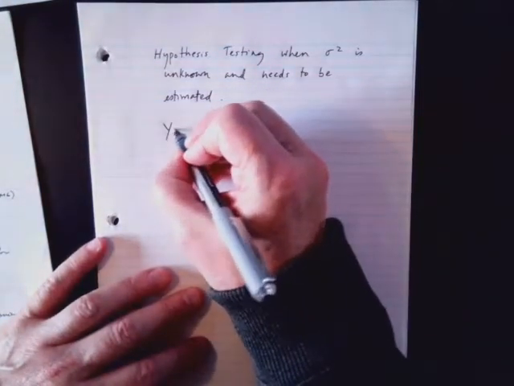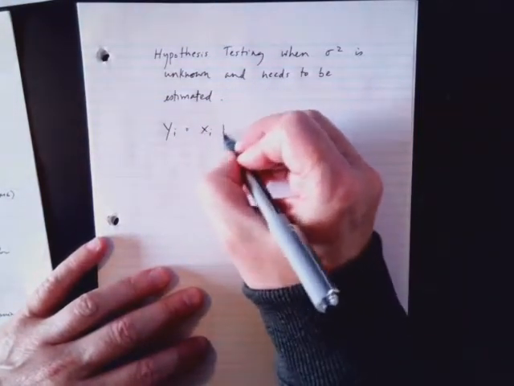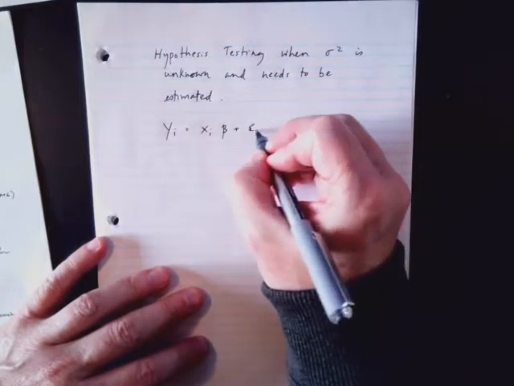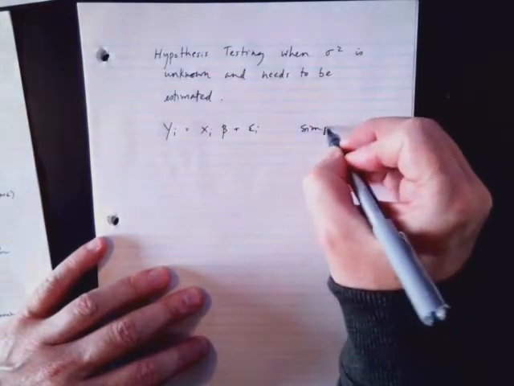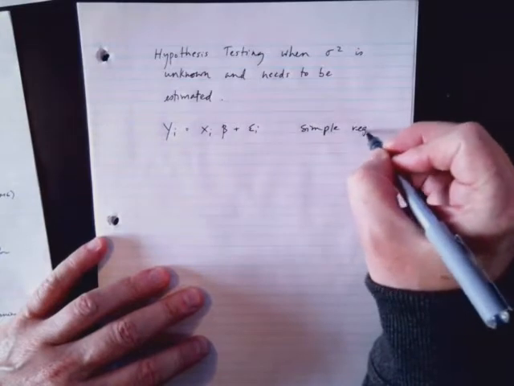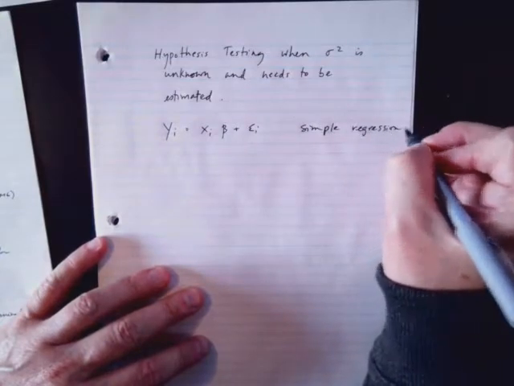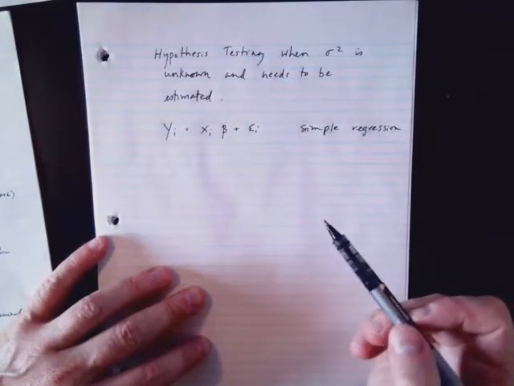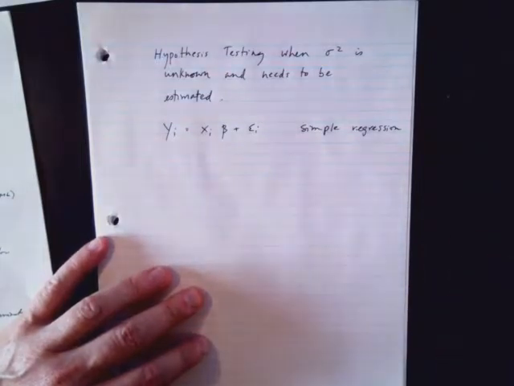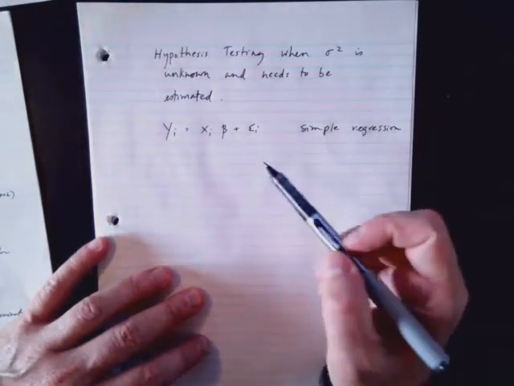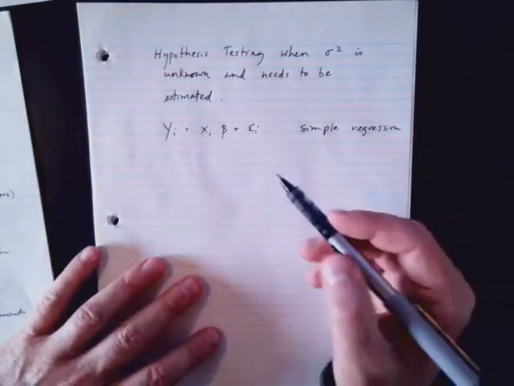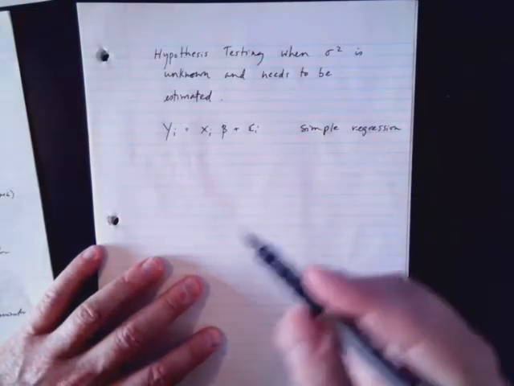So we have a regression model. That's the simple regression model. And we never really estimate a simple regression model. In practice, we're always doing multiple regression, but we can work through the formulas for the simple regression model, and that keeps it nice and simple.